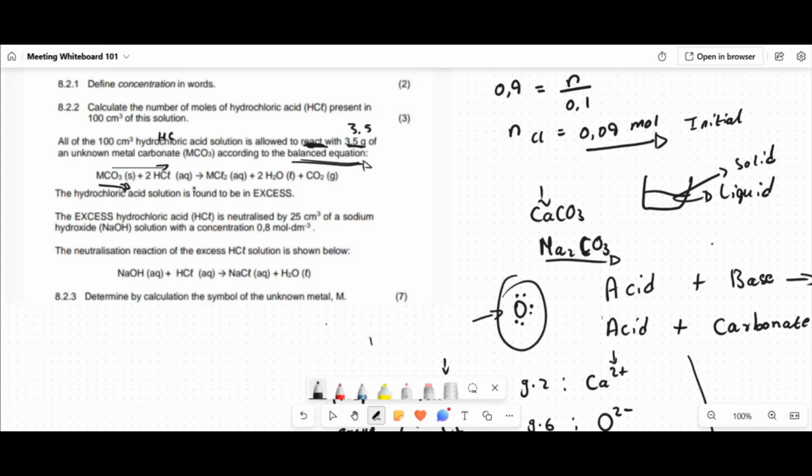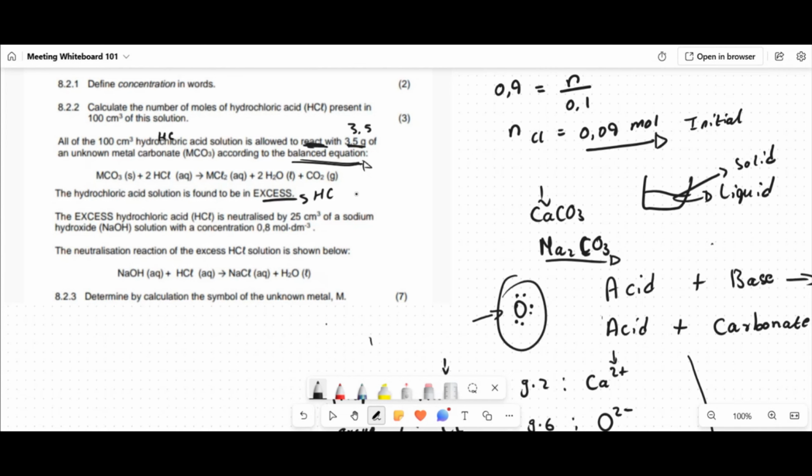So that is what you need to know. Your volume is going to remain as 100 cubic centimeter for this reaction. You don't add because that is a solid. We assume that a solid will not increase the volume, because the volume we're talking about is in aqueous state. Then let's read the statement as we proceed. The HCl was found in excess, which is HCl.